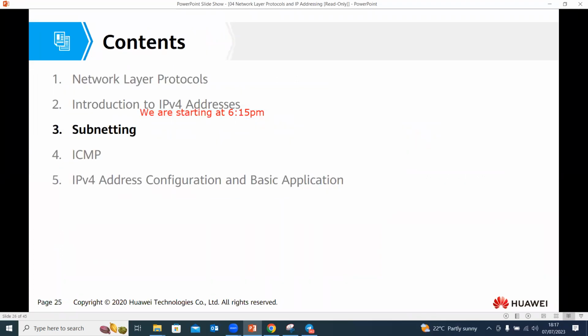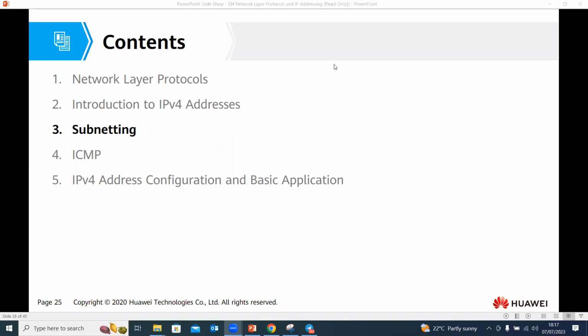Subnetting, the subtopic. Let me do this using an example.